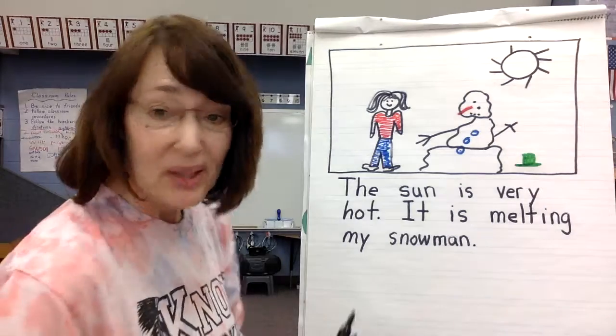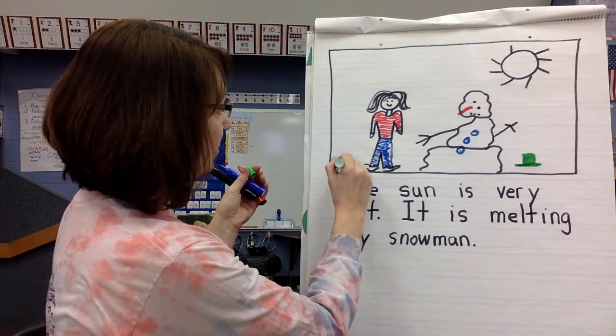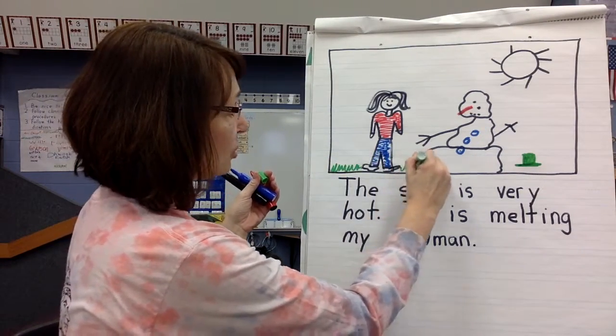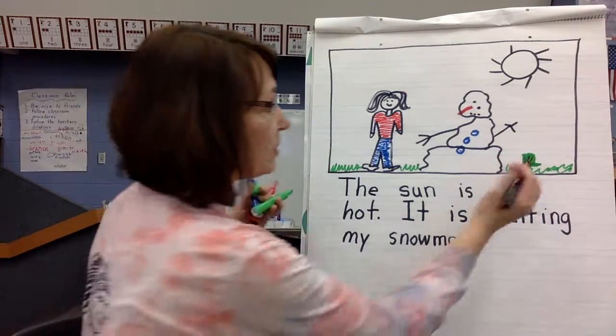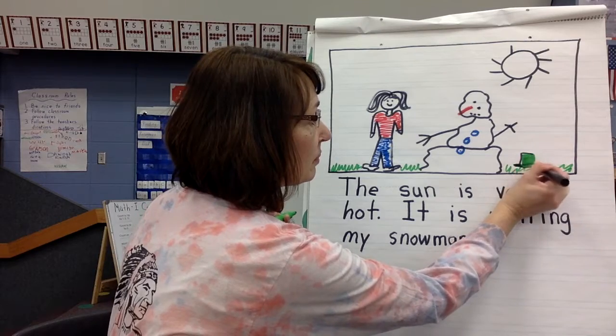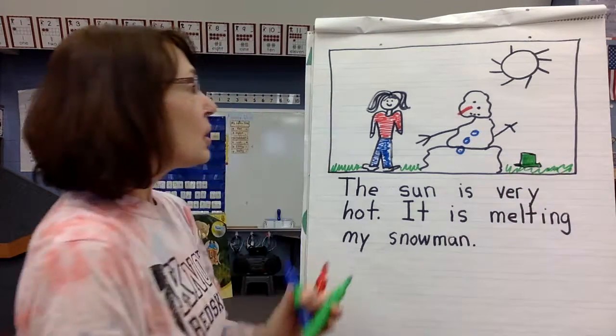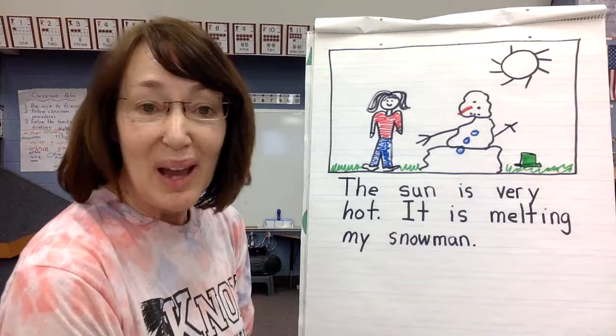I'm going to also put some grass on the ground because the sun's melting the snow, so we've got a little bit of grass showing. There's a snowman's hat. So far, you see that I have my picture.